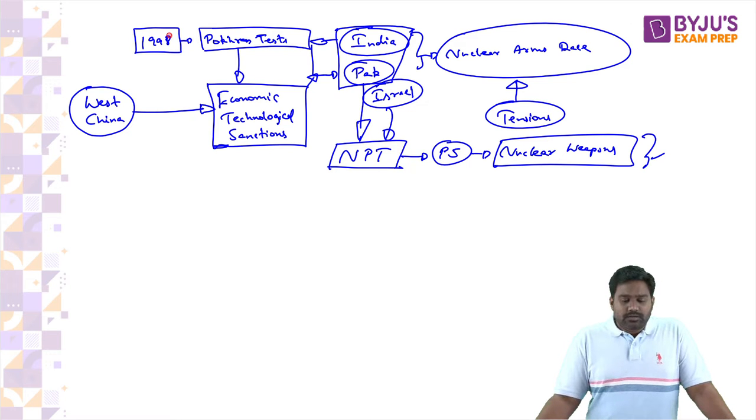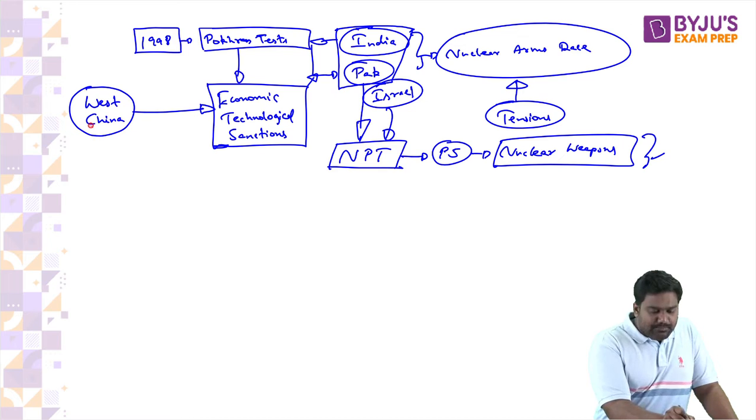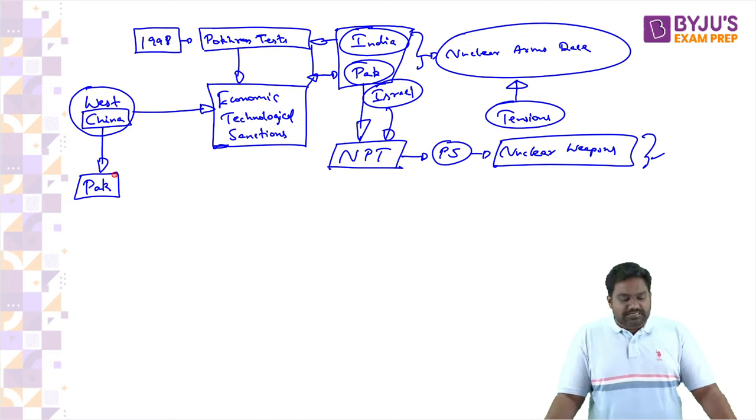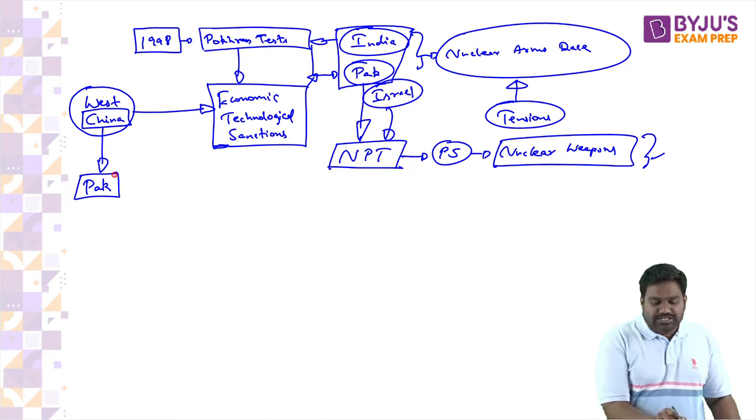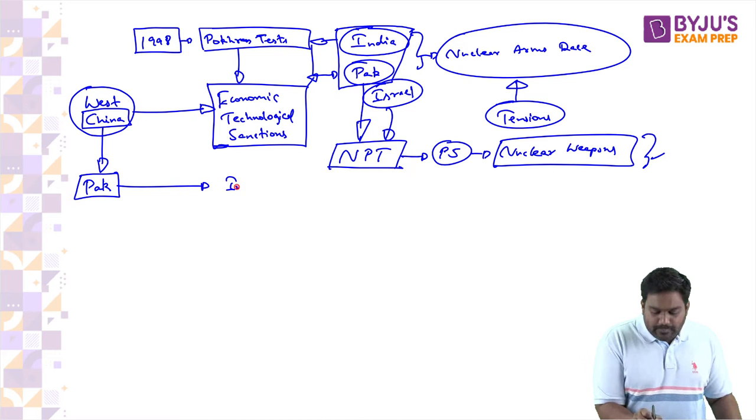All right. So Pakistan's nuclear program was largely backed by China. China has played a direct role in Pakistan's nuclear program. In a way, China has used Pakistan as a proxy to destabilize India, to target India.